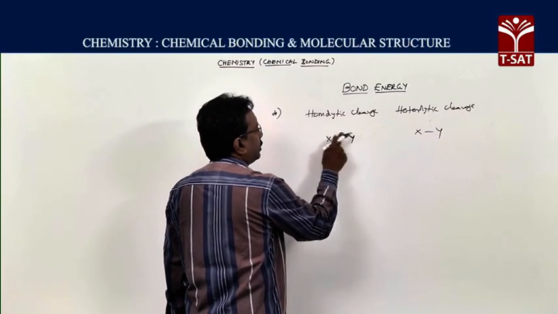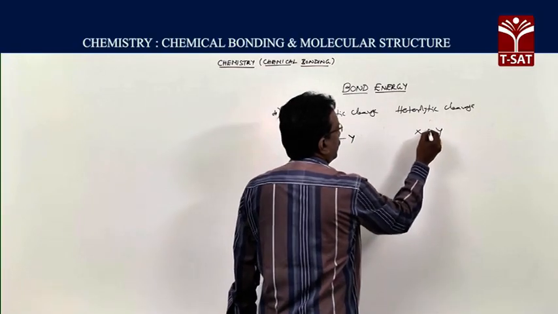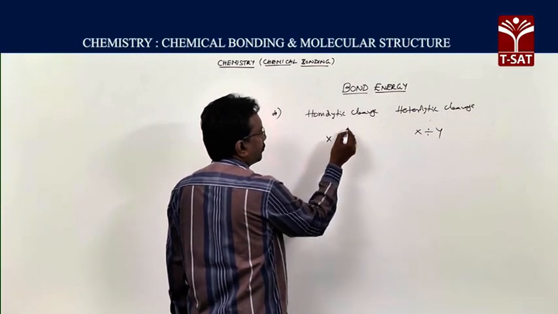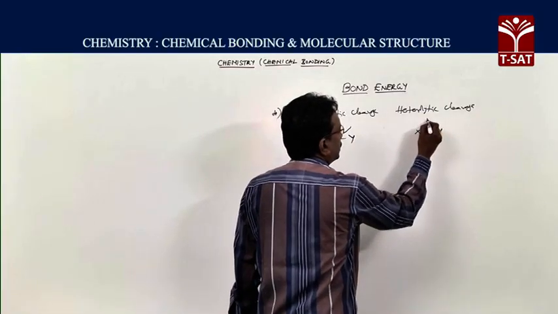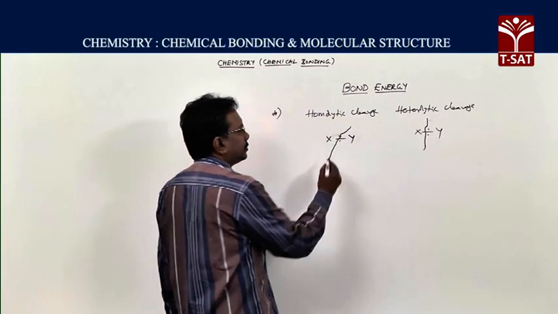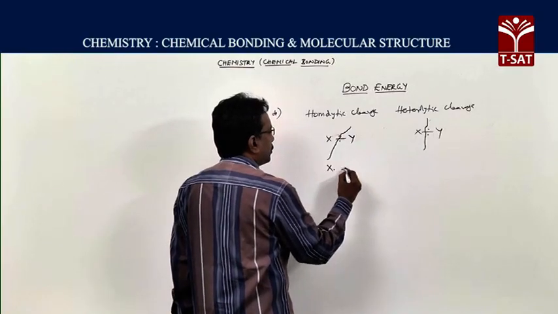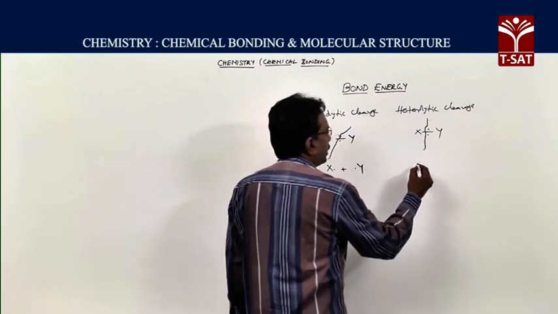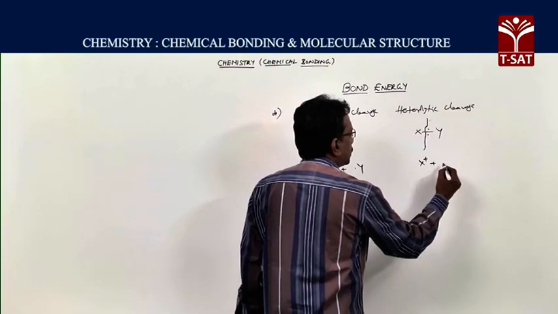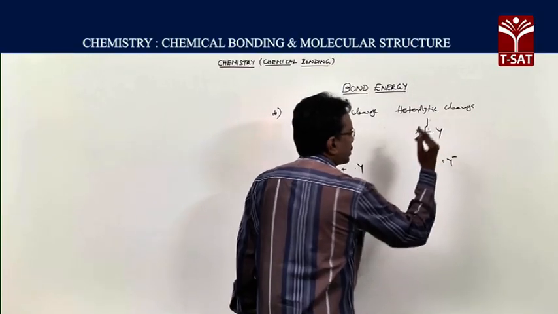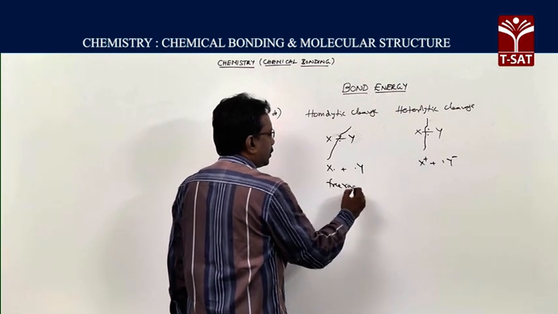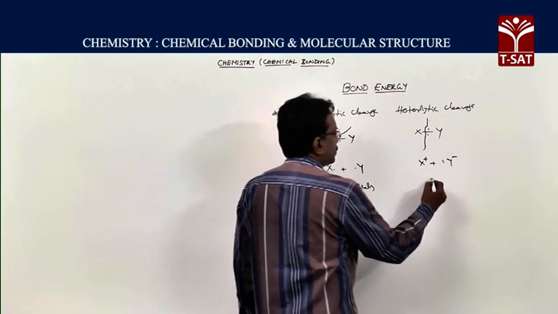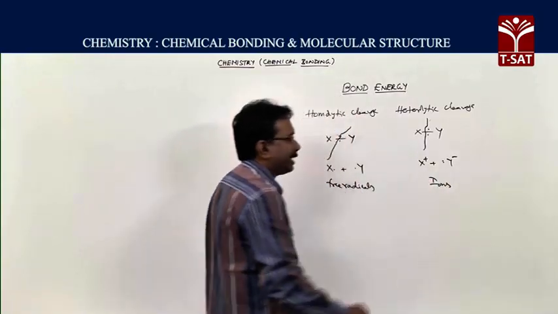Two electrons are available here. Suppose I am breaking the bond like this. Then we are getting X with an electron, Y with an electron. But here we are getting X plus and Y minus with an extra electron. That means, these are called free radicals, these are called ions.